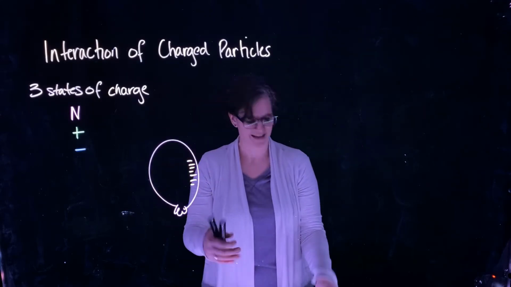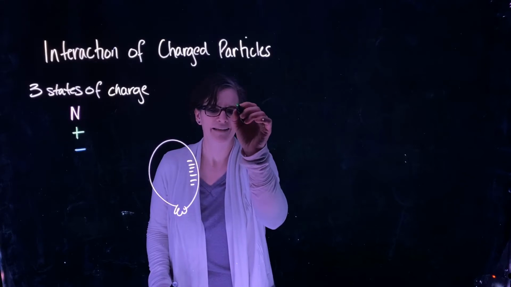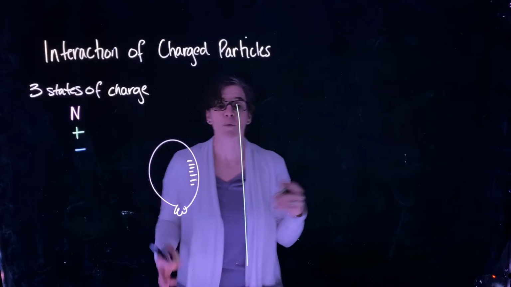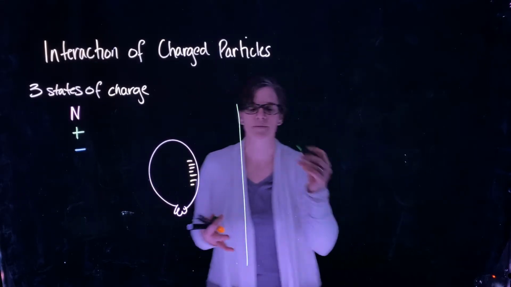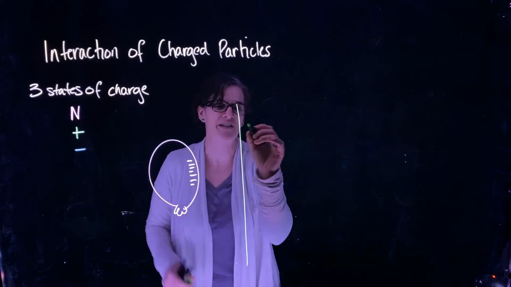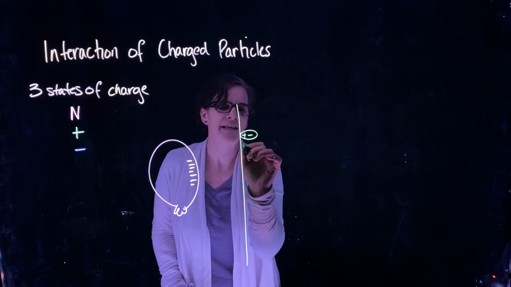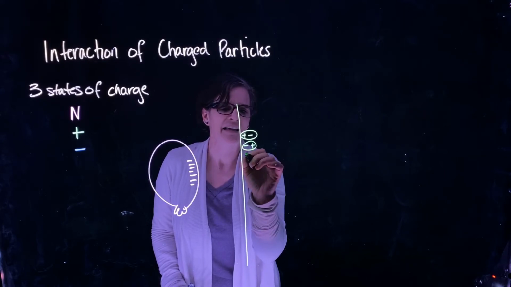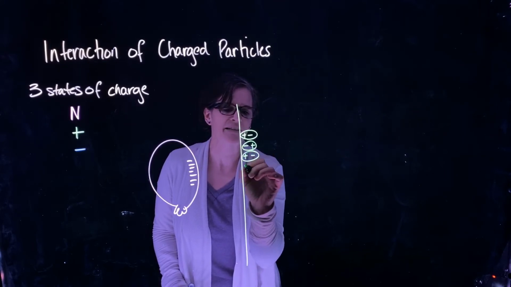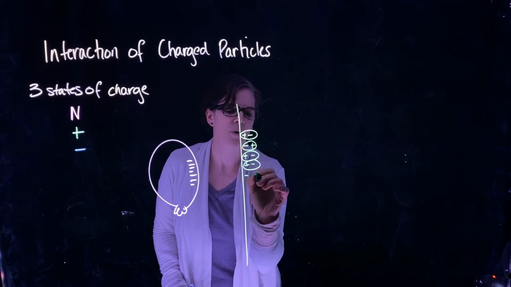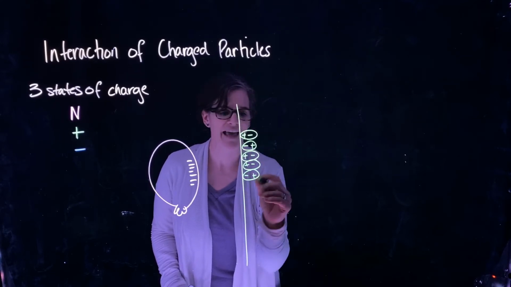Well, here's my negative charge, and here's my wall. The wall's neutral, and it's made up of a whole bunch of atoms, and those atoms are neutrally charged. So we're just going to model them as having these little pluses and minuses. Those pluses and minuses are all throughout the wall, and they're even along the edge of this wall.